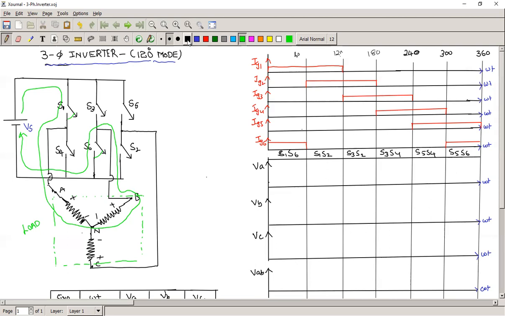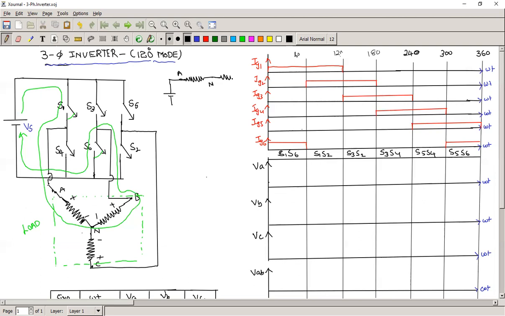If you draw the equivalent circuit, this is the battery, nothing but the DC source. The current is entering into the A phase. So this is A, this is neutral.